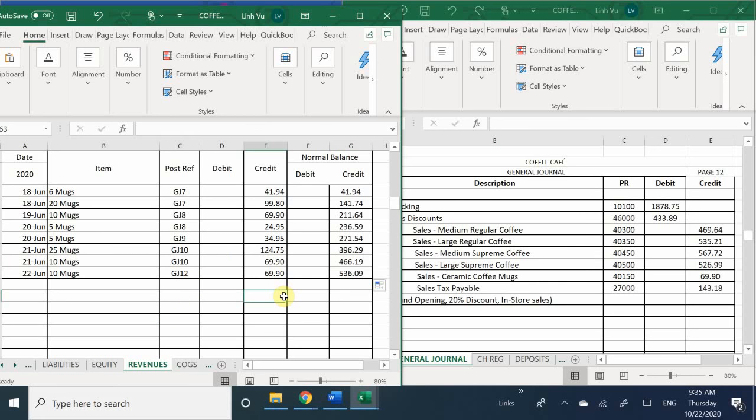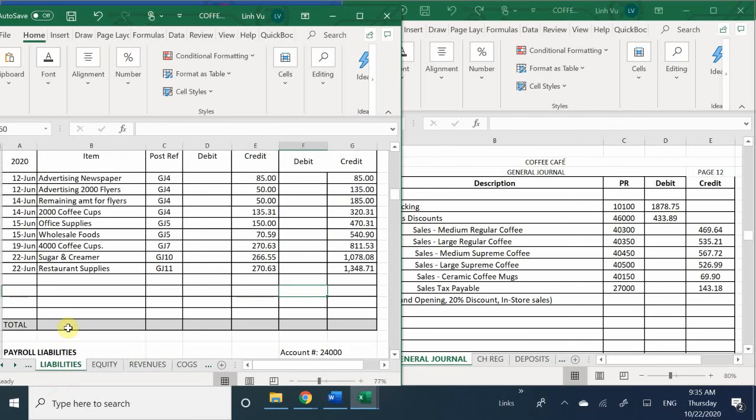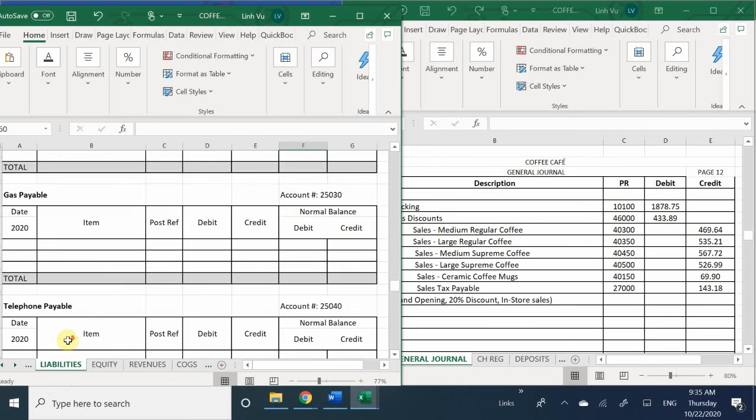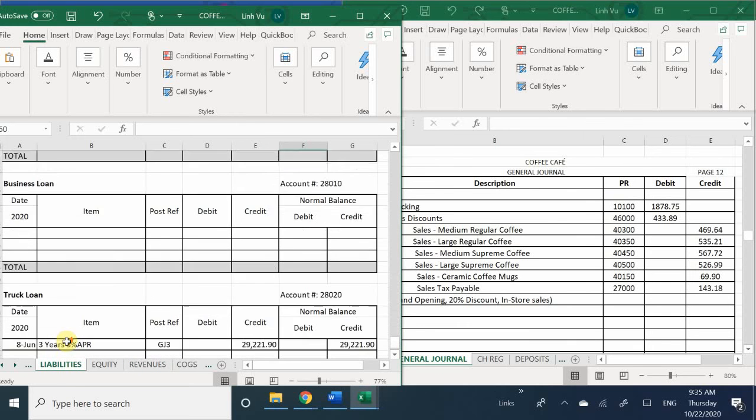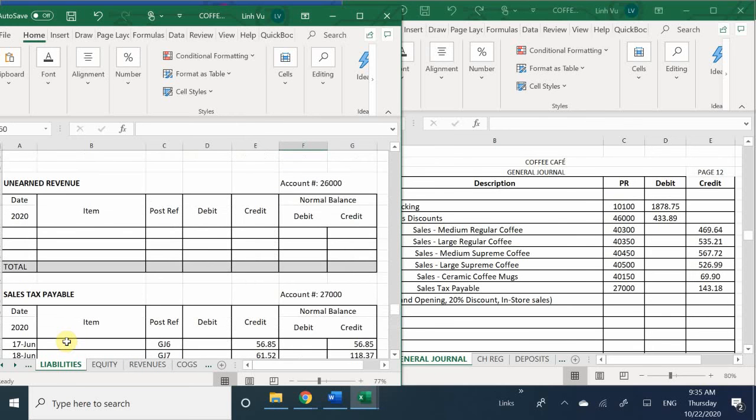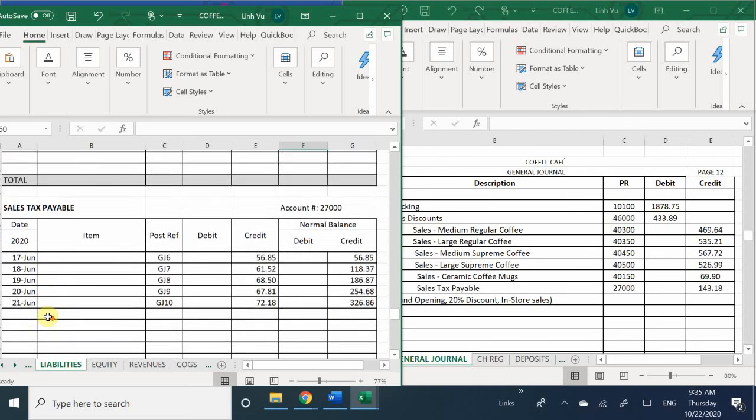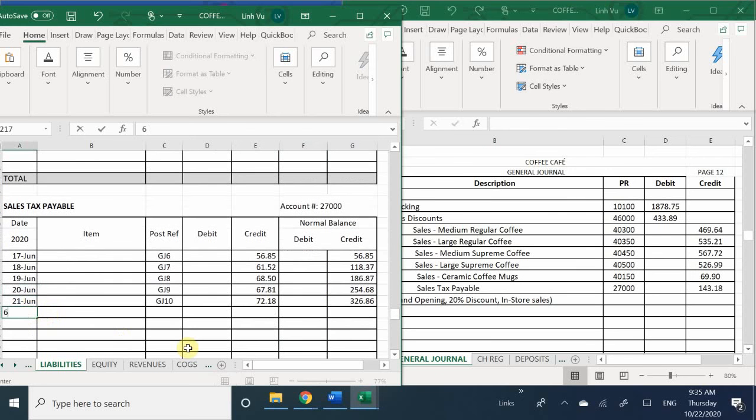All right. Down to the sales tax liability. June 22nd, GJ12.